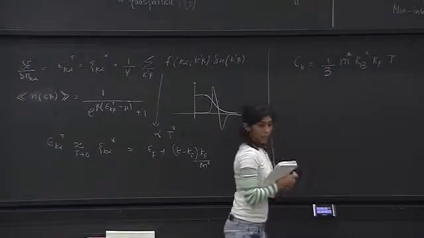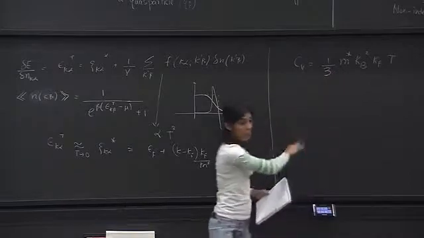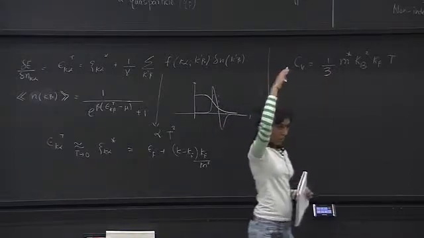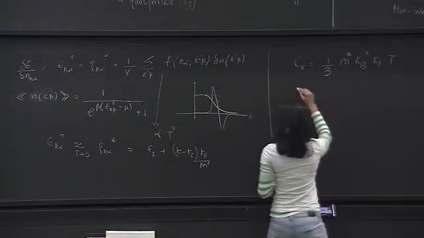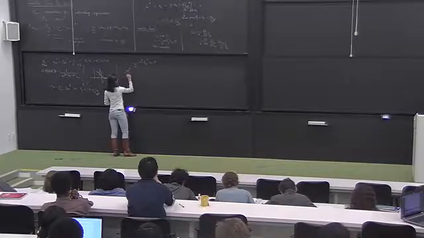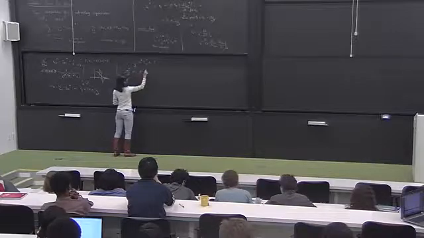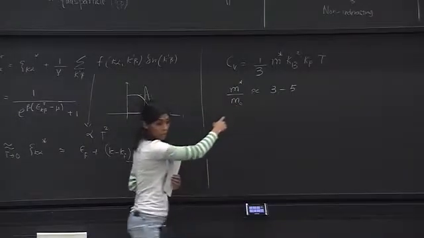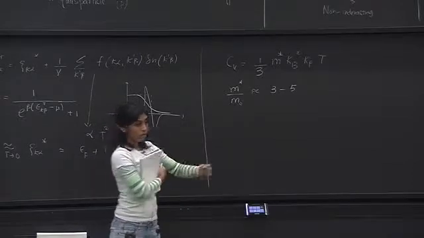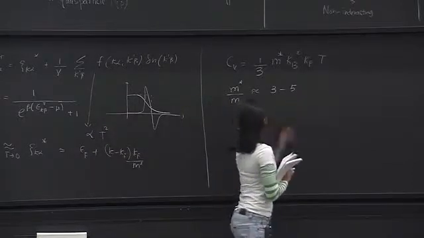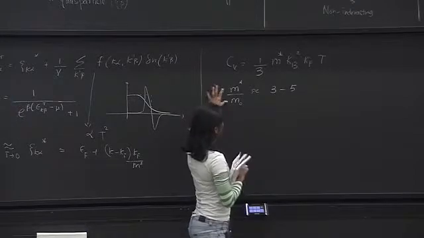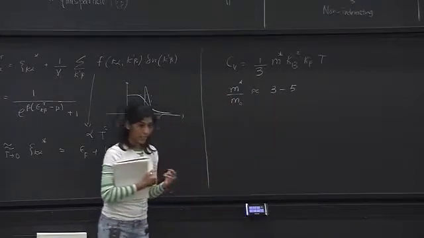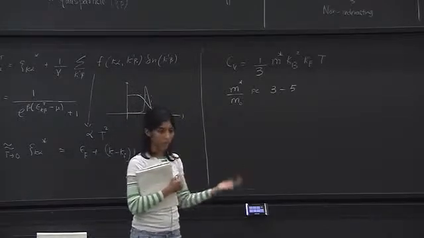And so this is an experimental measurement of m star, and if you wish, the Fermi velocity through that formula. In helium-3, this is somewhere between 3 and 5, m being the mass of a free electron, m naught. And the fact that it's so different from 1, which would be the case for the free gas, is telling you that interactions are important, right?